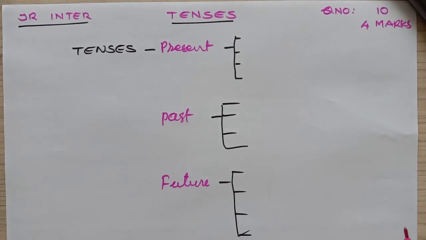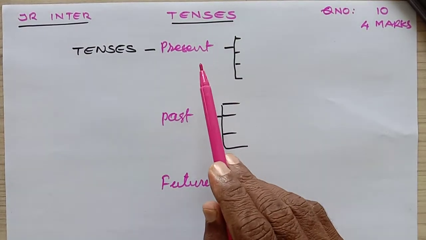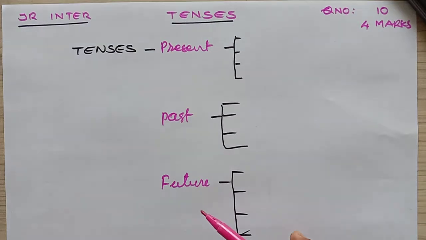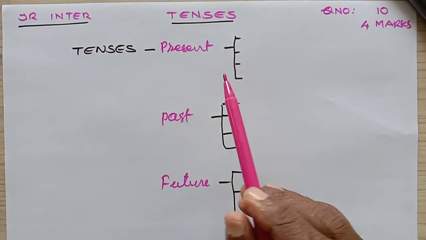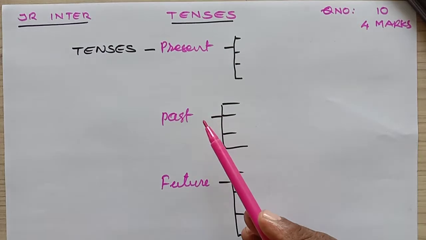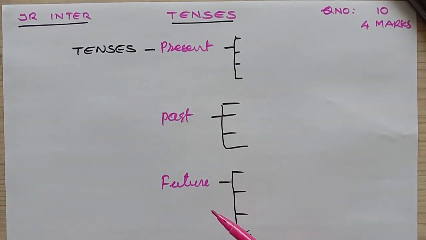Tenses are of 3 kinds: present, past and future. I need not go deep into the topic, as we know pretty well the present tense, past tense and future tense.